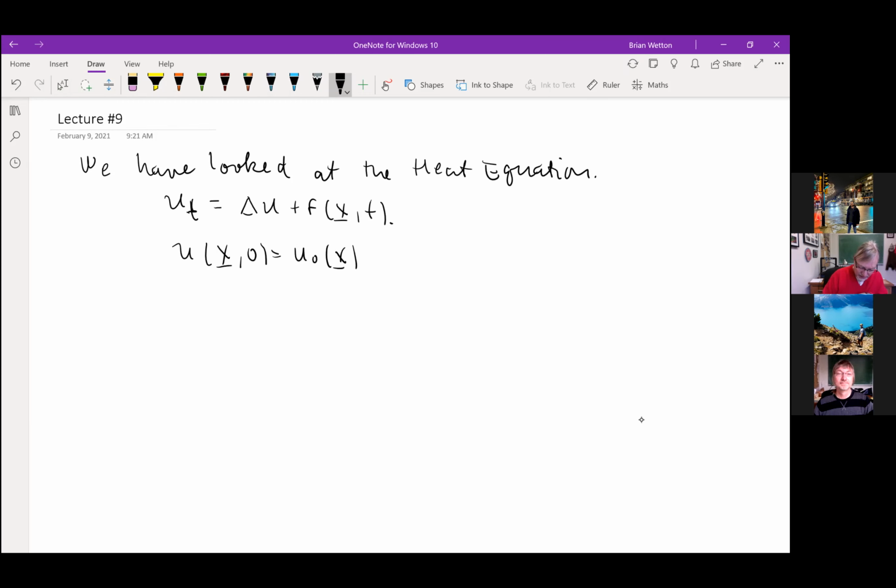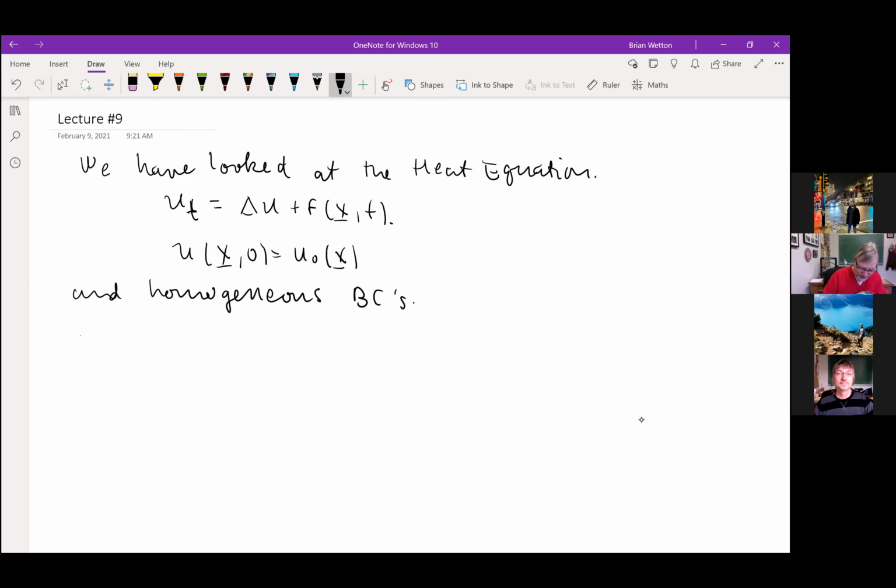And I'll say homogeneous boundary conditions of various types. Dirichlet, that's where the values of U are specified. Neumann conditions, that's where the derivatives are specified on the boundary. In higher dimensions, it's the normal derivatives. And then the mixed Robin conditions. But we've only looked at ones where there's sort of zero forcing.